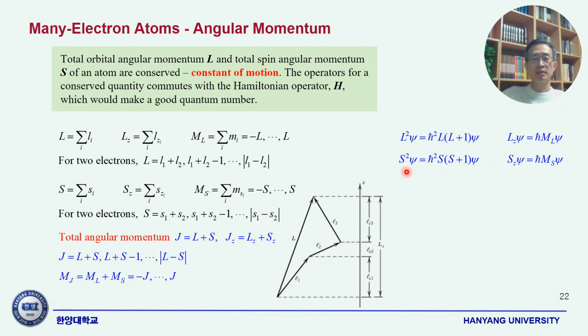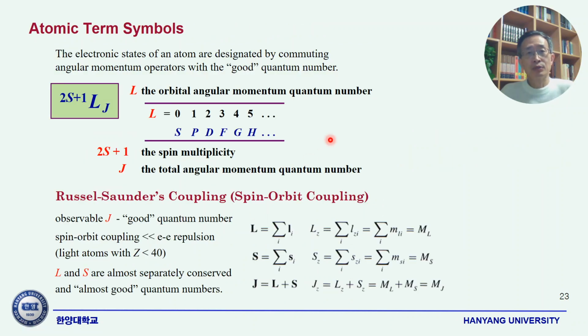We have in mind the eigenvalue formulas: the L square eigenvalue is L(L+1) h bar square, the S square eigenvalue is S(S+1) h bar square, Lz is ML h bar, and Sz is MS h bar. So we keep these in mind, and this is the vector model of angular momentum. Now we are in a position to do the atomic term symbol.